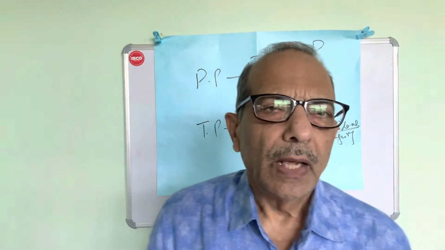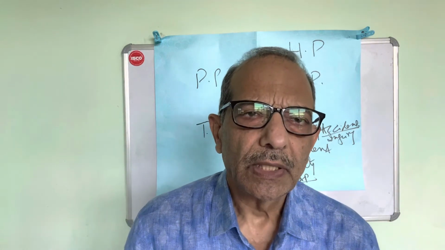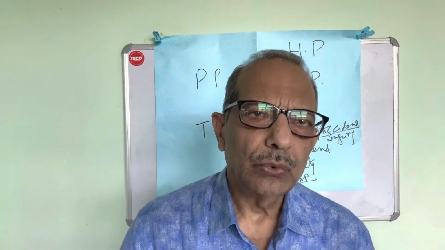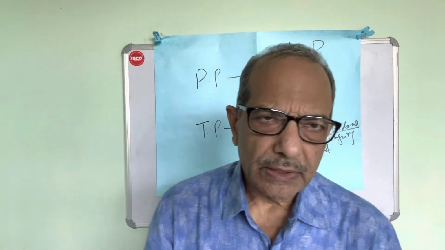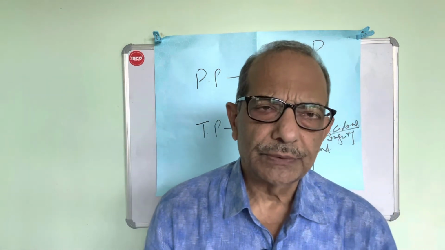Both are undertaken prior to the start of disease, so that the disease does not occur. That is the definition of primary prevention, so it stands for both of these.